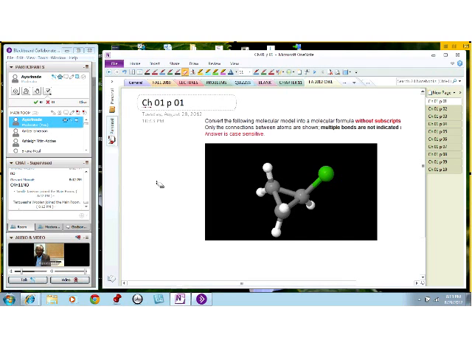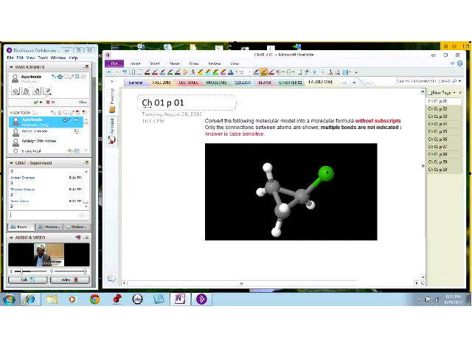So it says convert the following molecular model into molecular formula. This is similar to what we just did. Can you guys go ahead and do that for us and send it to me through the chat window? The first thing we need to know, how many carbons do we have here? Okay, 3 carbons. Very good. So let us have the formula then. This olive green here is chlorine.